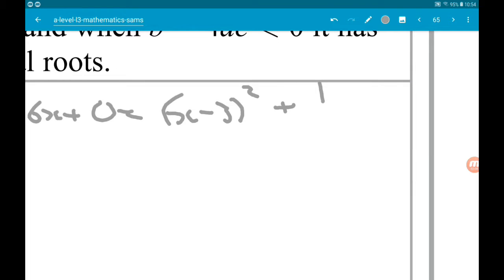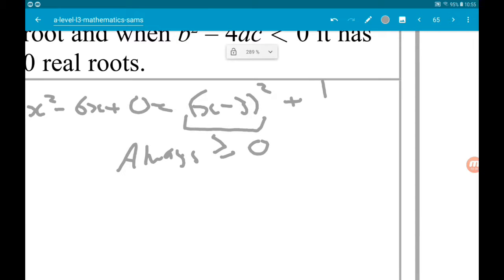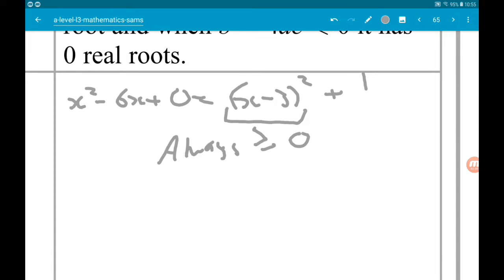Now, we know, because we're squaring, this is always greater than or equal to 0. So, because we're then adding 1, x minus 3 squared add 1 is always greater than 0.